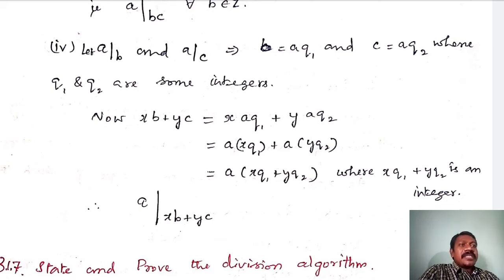The same way c is equal to aq2, where q1, q2 are some integers. Now we have to bring a form that xb plus yc equals a multiple of a. That is what we have to bring here. So if we take xb plus yc, we can write x into, some important result.